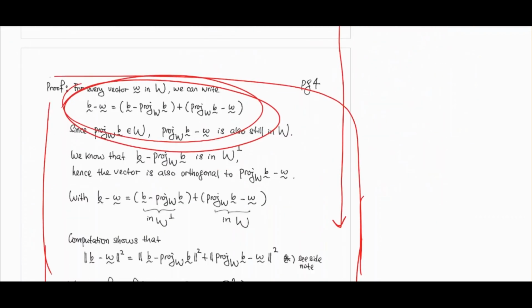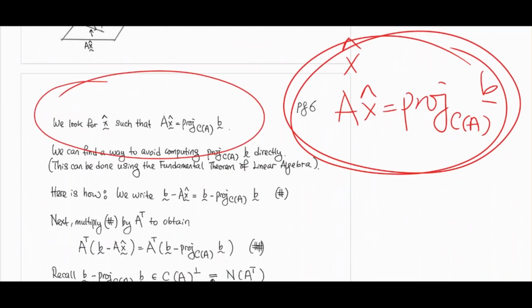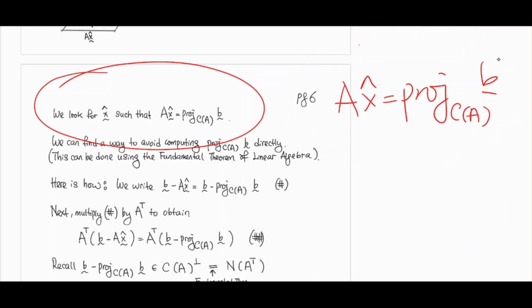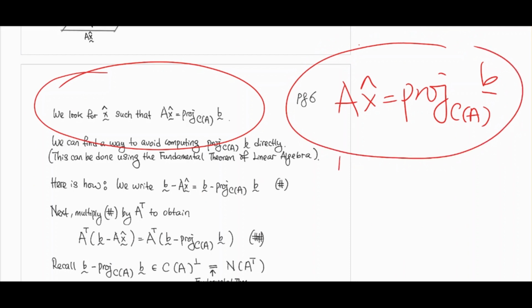So we want to find x hat. So now ax hat is actually the projection of b onto the column space of A, and we want to find x hat.